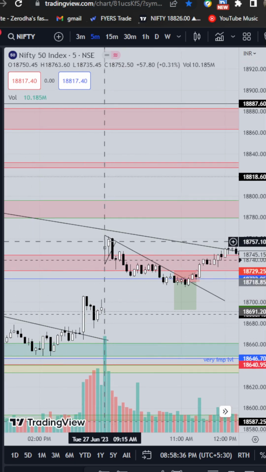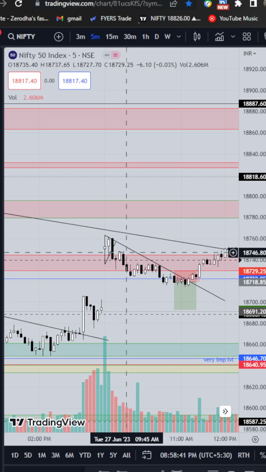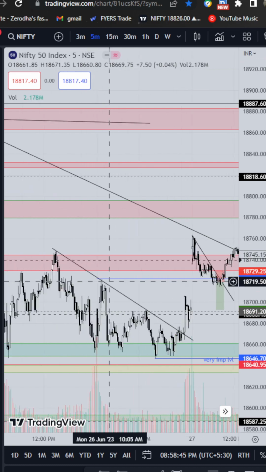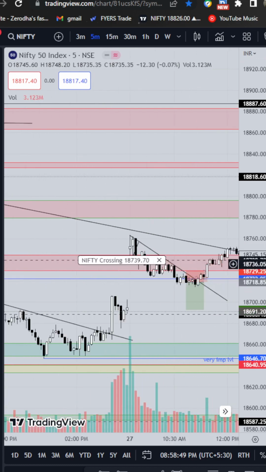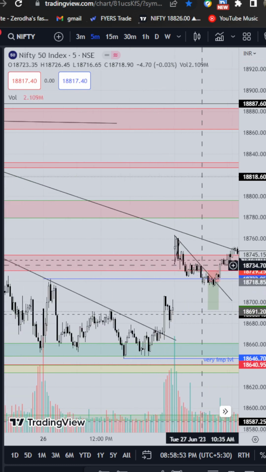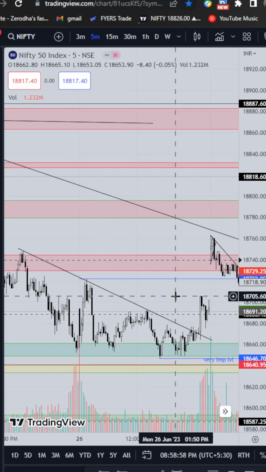We discussed what to do, but there's also a contra trade emerging over here. The price is again getting back down. When you clearly see that the price will not be able to hold, you can take a contra trade towards the downside. But in Nifty we can't even do that. Why?